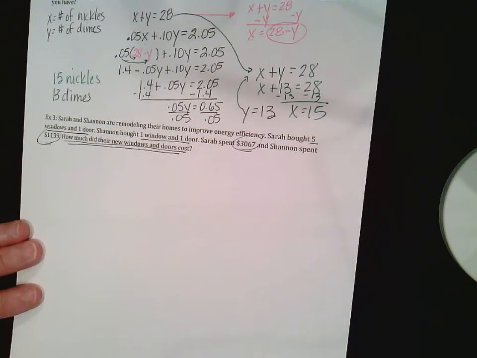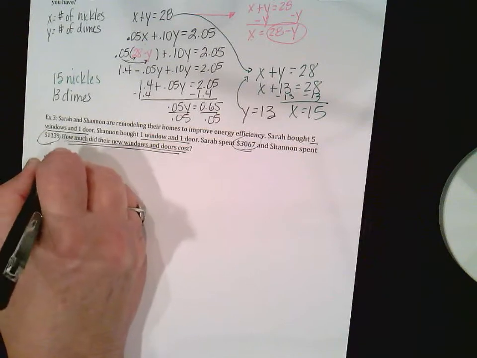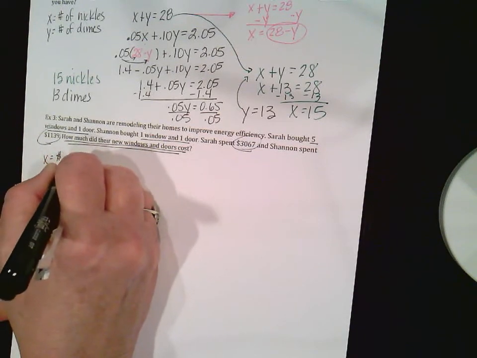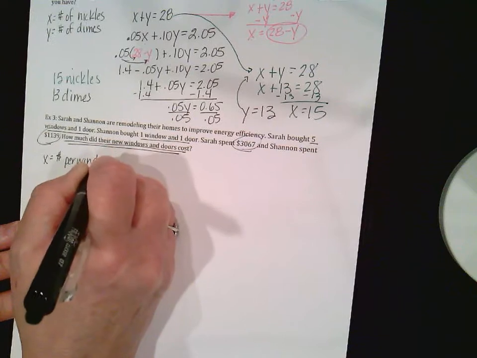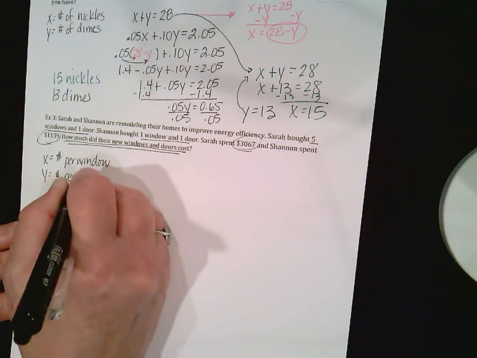So I'm going to start by assigning my variables. I'm going to say X is the amount per window that they spent, and Y is the amount per door that they spent.